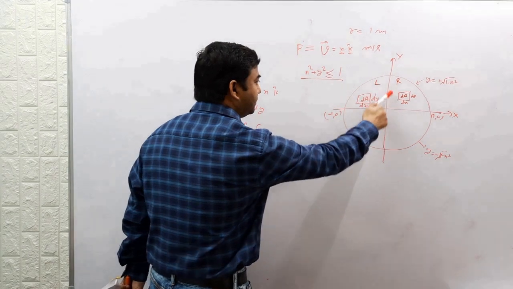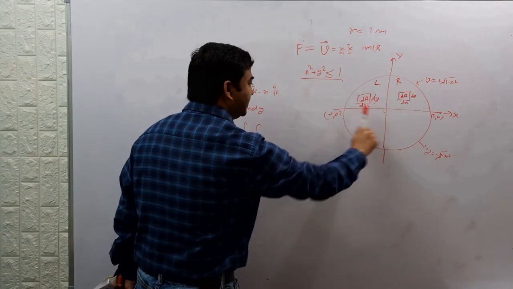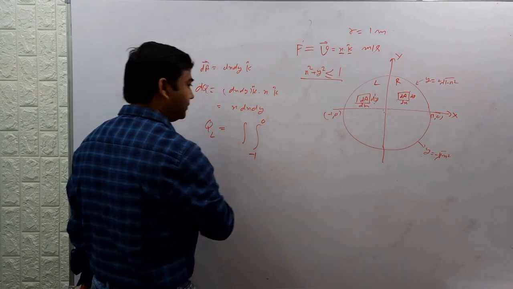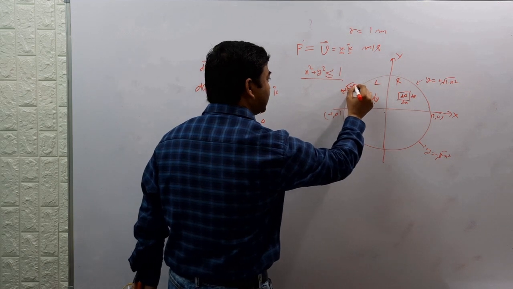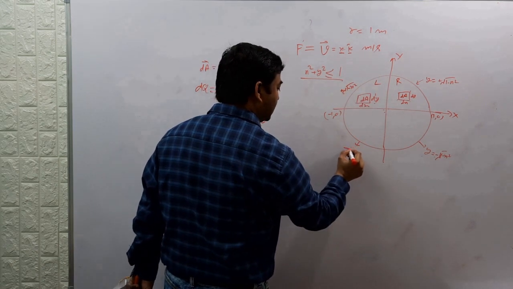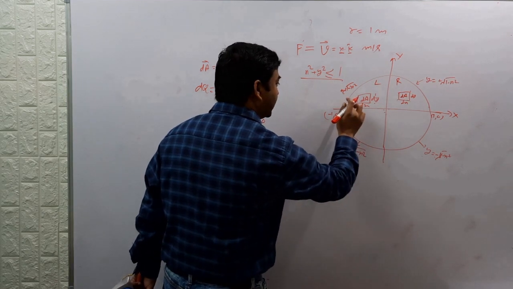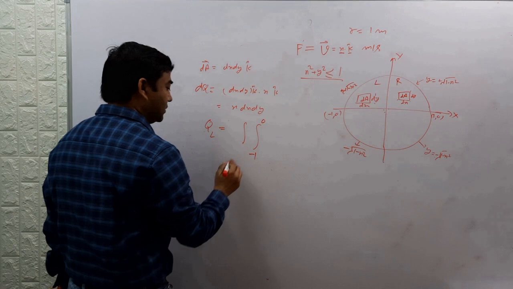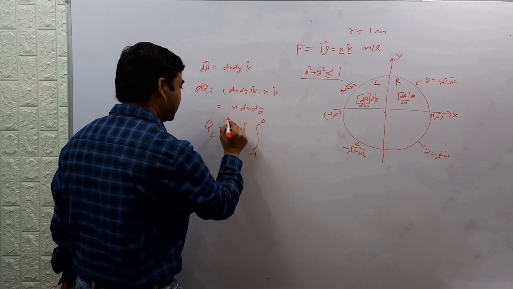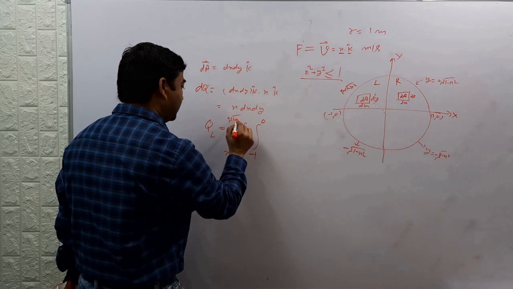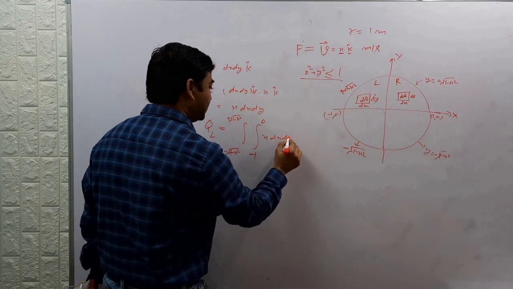This area will sweep the whole left-side half region. So the x limit will be minus 1 to 0, and in the y direction the equation of this is plus under root 1 minus x square, and the equation of this is minus under root 1 minus x square. For this half the equation is plus. So the limit will be from minus under root 1 minus x square to plus under root 1 minus x square, x dx dy.